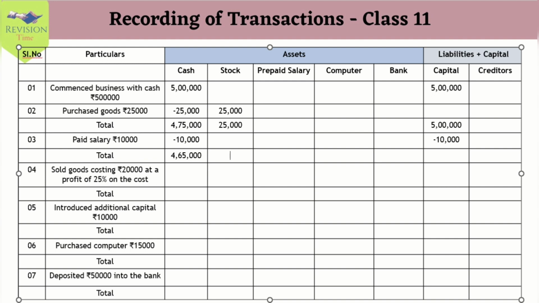We have 4,65,000 cash with us and 25,000 in form of stock and 4,90,000 capital. Here our accounting equation, asset is equal to liability plus capital, is standing true. Next, sold goods costing 25,000 at 25% profit on cost.